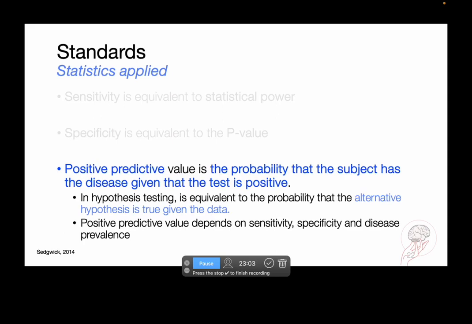We can also think about the positive predictive value, which is the probability that the subject has the disease given the test is positive. So for this, what you can think of is maybe you have 50 women and they all are taking a pregnancy test.